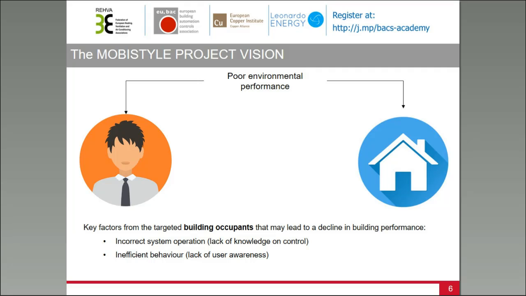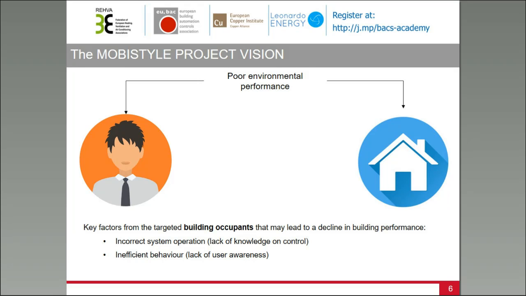What's our focus? Of course, when we think about poor environmental performance of a building, typically as architects or engineers, we can make a full list of the factors that can influence building performance, namely humidity problems, poor insulation, thermal bridges, poor performance of the installation, and so on.